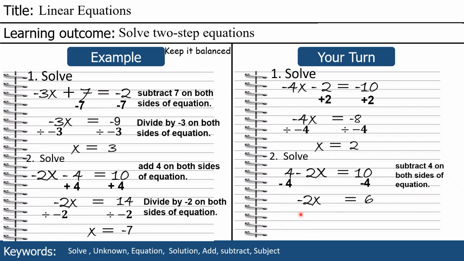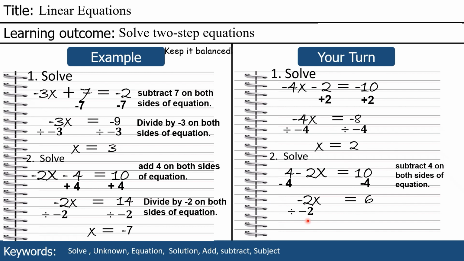And we reverse the last operation done to x, and the last operation done to x here is x multiplying by negative 2. So we're multiplying by negative 2, and the reverse of multiplying by negative 2 is dividing by negative 2.